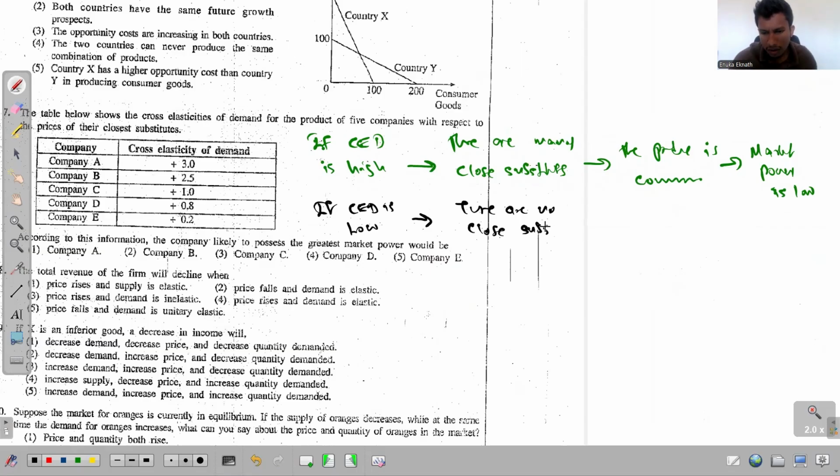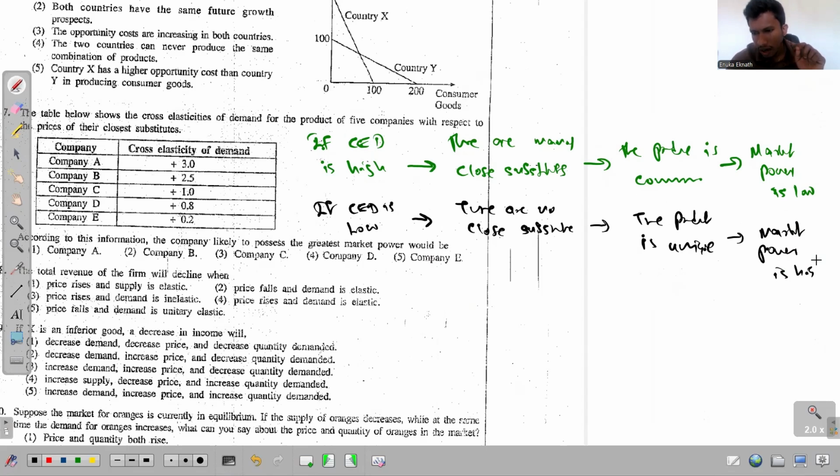If so, the product that you are selling is unique. If you are selling a unique product, your market power is high.